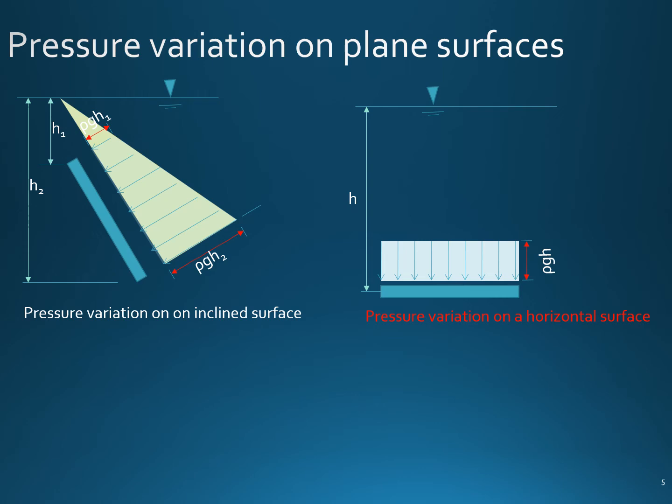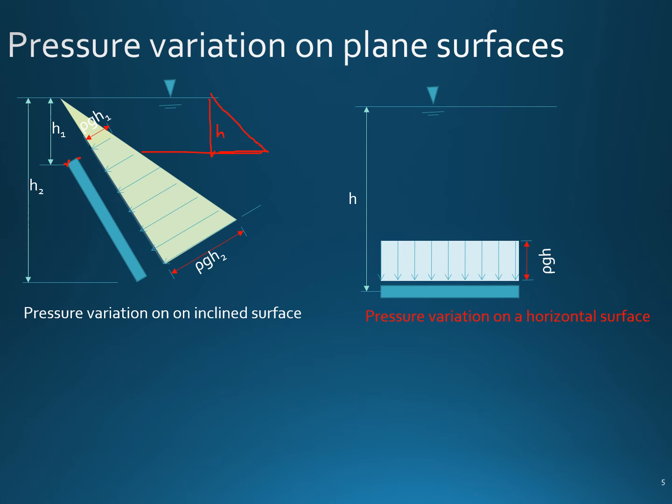Now let's look at when the surface is inclined like this. The magnitude of the pressure does not change, even if it is inclined. The pressure at this point, regardless of the inclination of the surface, is rho g h. But the direction of application of pressure changes, because the pressure applies perpendicular to the surface.